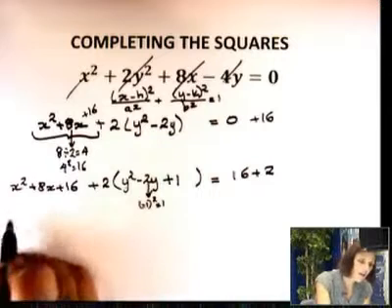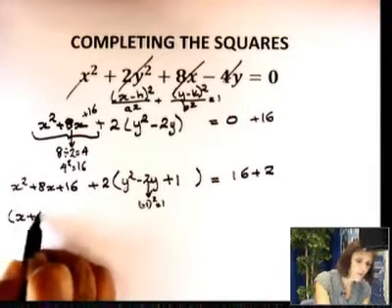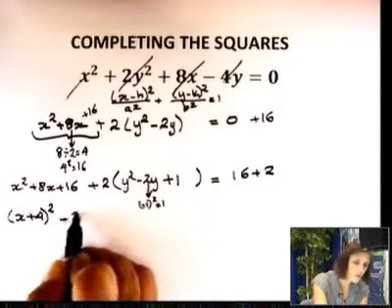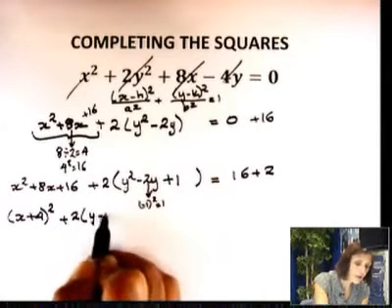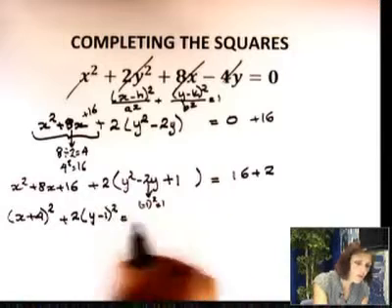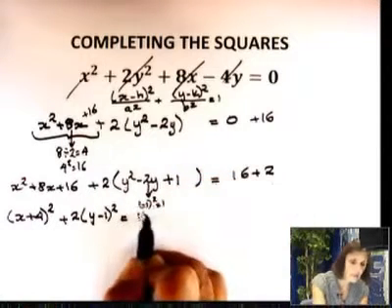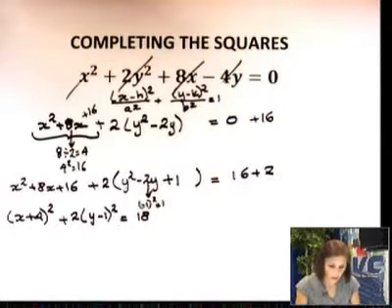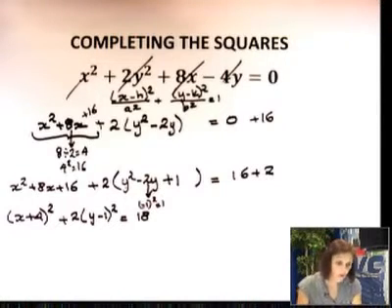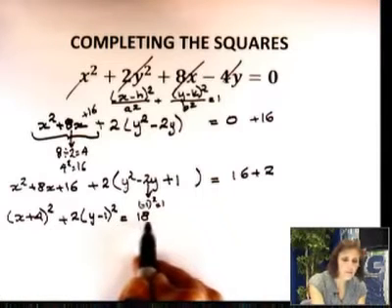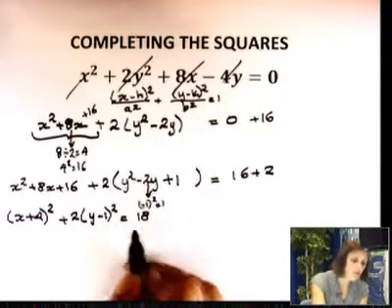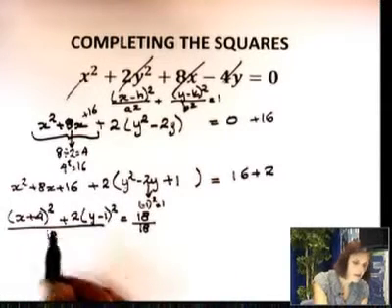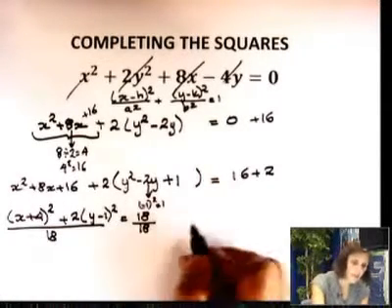Okay, look what I have now. (x plus 4) squared, so this is completed the square form, plus 2 (y minus 1) squared equals 16 plus 2, 18. Now, let's look at this. What can I do? I need to divide everything by 18 because I cannot have this 18 in there. So let's do that. All right. Let's see what I have now.